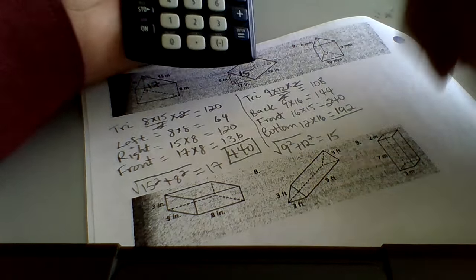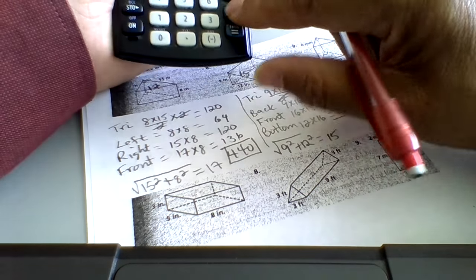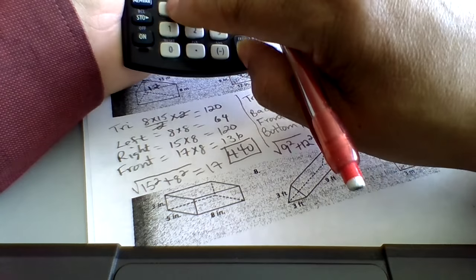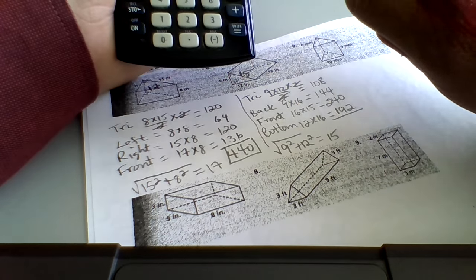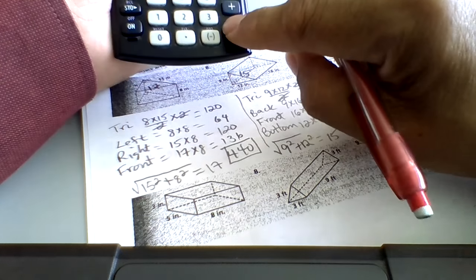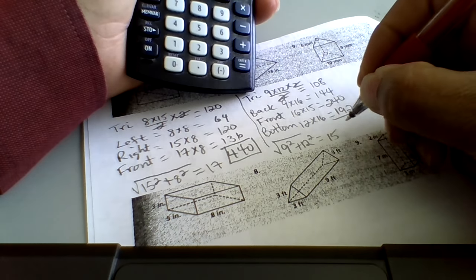Add it all together. 108 plus 144 plus 240 plus 192 gives me 684.